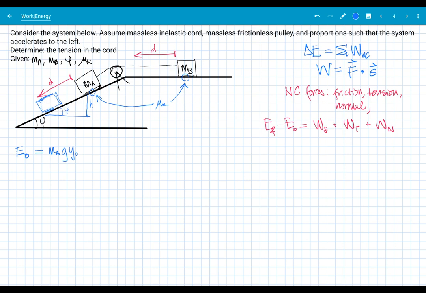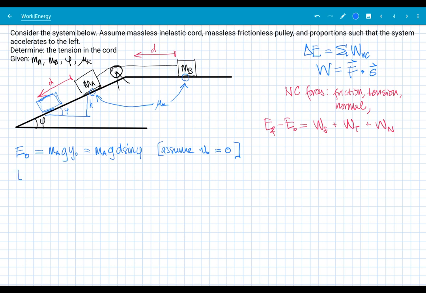And I know this is the angle phi, and I know the hypotenuse is d. So I know I can write that as m sub A g d sine phi. All right. And again, we're assuming the system is released from rest. So I'll write that in here, that we're assuming v naught equals 0 here. And that's an assumption that we're placing into the system. It's important to note that.